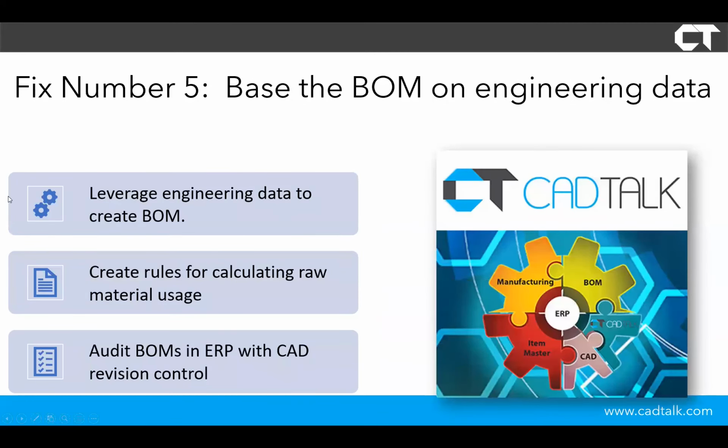And fix number 5, what I would say is the most advanced thing you can do, which would be to base the bill of material on your engineering data. Since the advent of 3D CAD, which has been around quite some time now, the 3D CAD has a tremendous amount of data already built in.